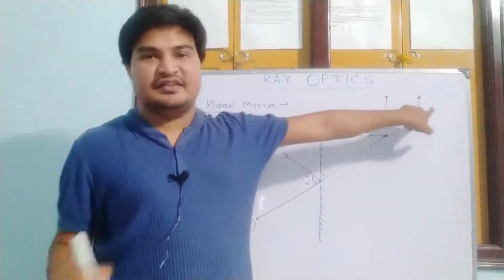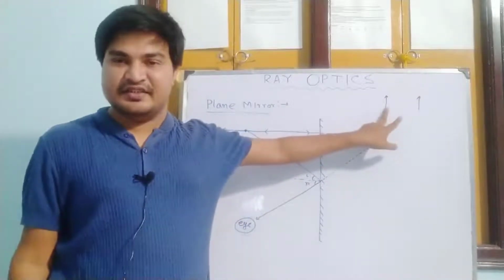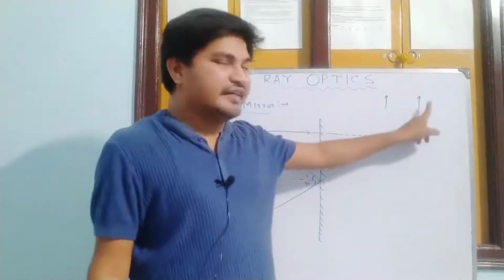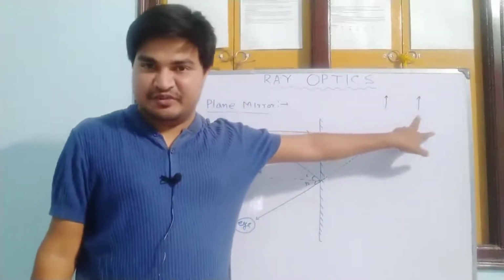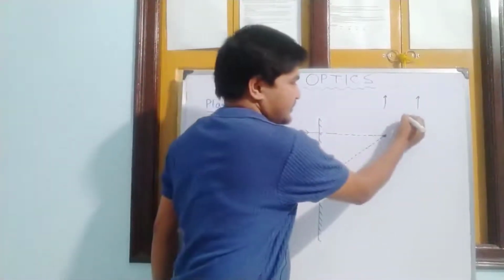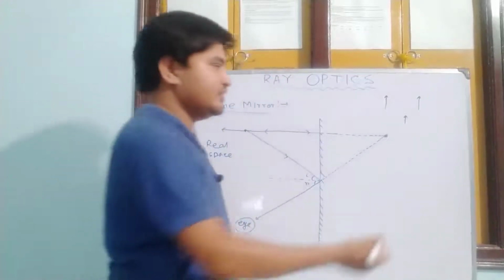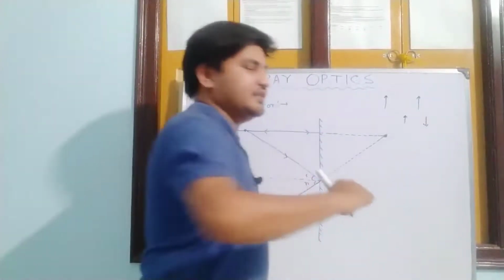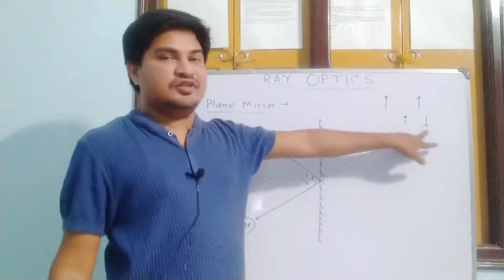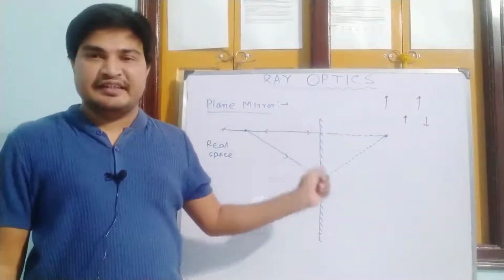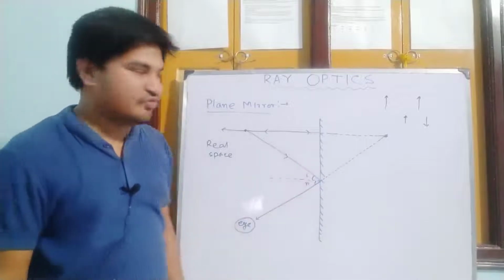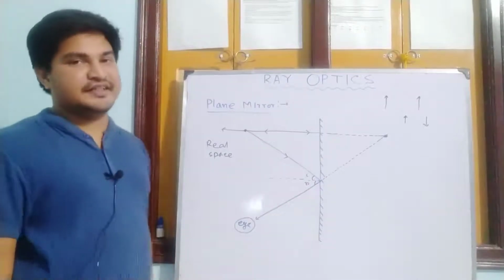This is the object and this is the image. If the head of the object is in the upward direction and the head of the image is also in the upward direction, then the image is called an erect image. And if the head of the object is in the upward direction and the head of the image is in the downward direction, then the image is called an inverted image. So in case of a plane mirror, an erect and virtual image is formed. This is the second property.